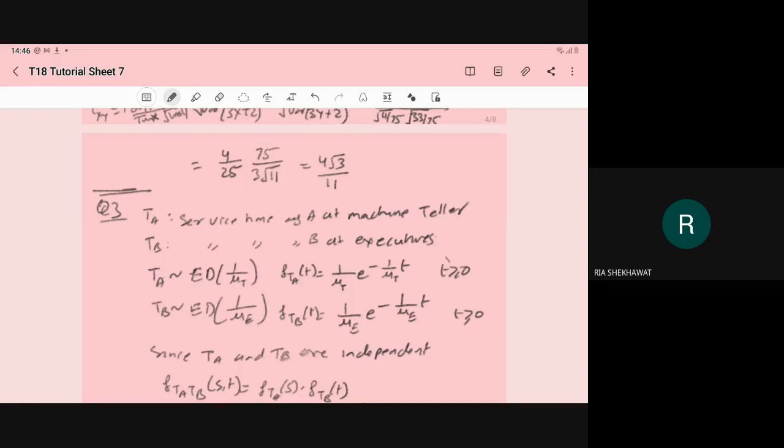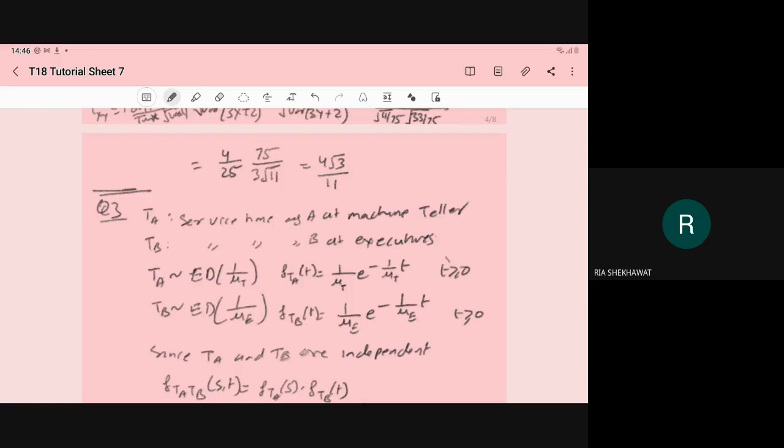It is given in the question that TA follows the exponential distribution with parameter mu t, so the mean time will be 1 upon mu t, and the service time for customer B, TB, also follows the exponential distribution with parameter mu e, so the mean time will be 1 upon mu e.